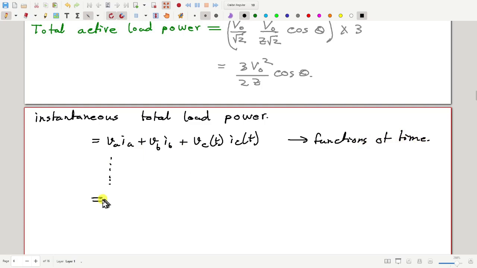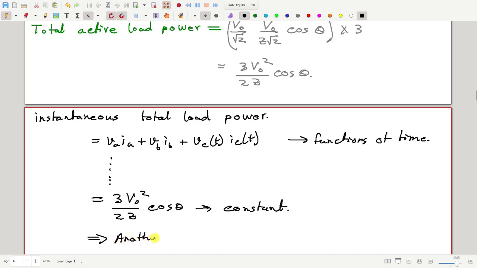But to multiply and add them, what you will get is a constant, not a function of time. So this is actually another advantage of three-phase.